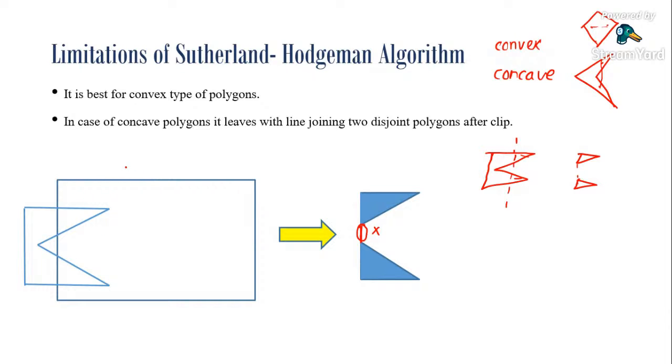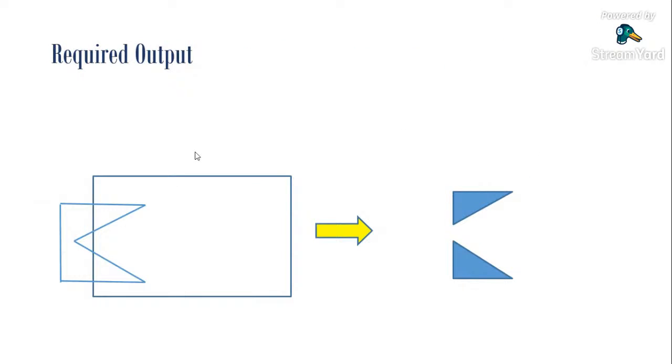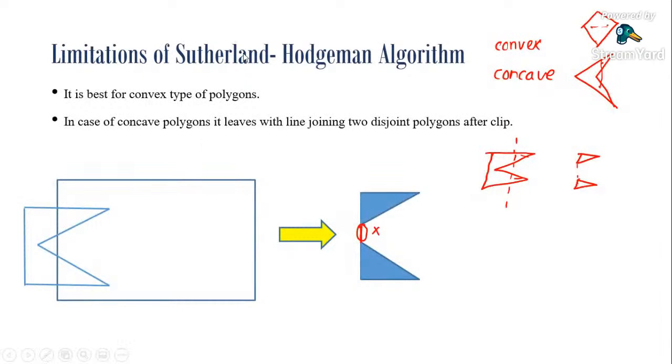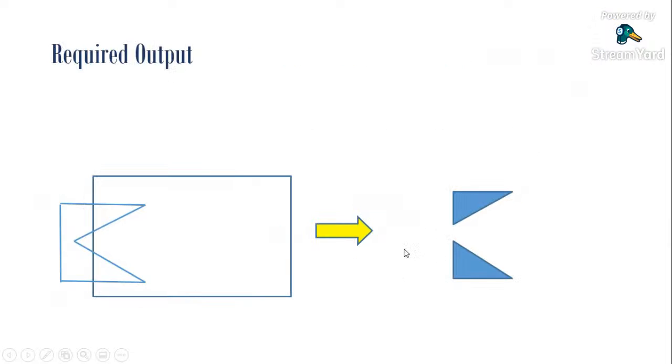So this is the limitation of the Sutherland-Hodgman algorithm, and that limitation is removed by using this. This is the required output. If you apply the Sutherland-Hodgman algorithm, you will get the line. But what is the correct output? This is the correct output. If you clip this against the window, those two parts must be separated.